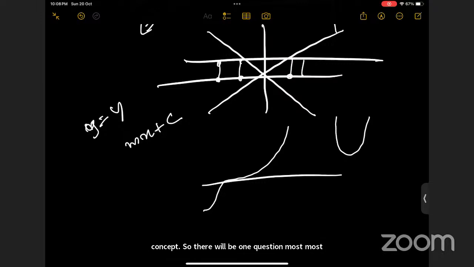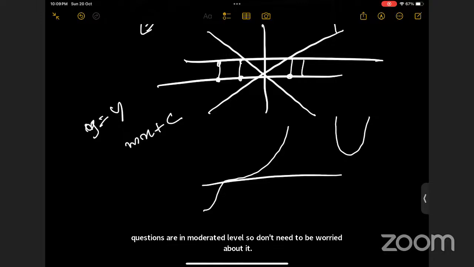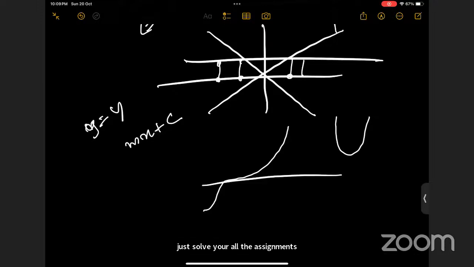For that, you should solve the graded assignment portion and learn the concepts. If you know the basics, then you can solve it. The questions are at a moderate level, so don't worry about it. Just solve all your assignments, then you will find it easy in the exam.